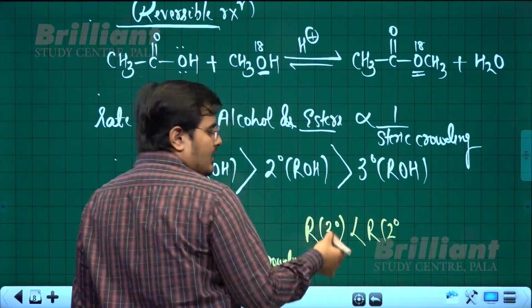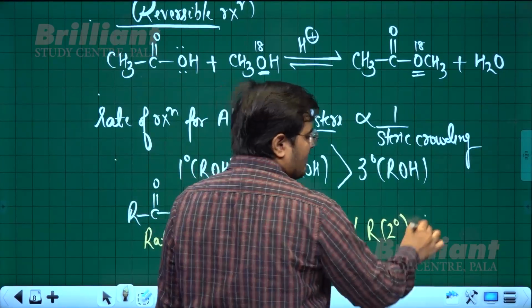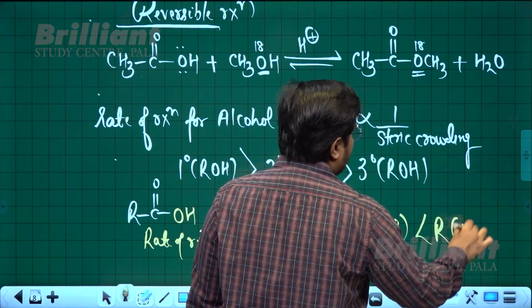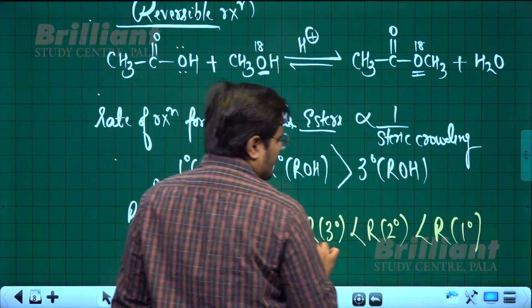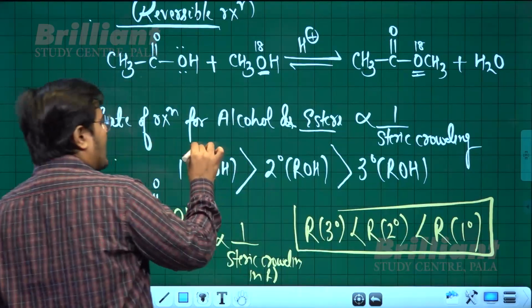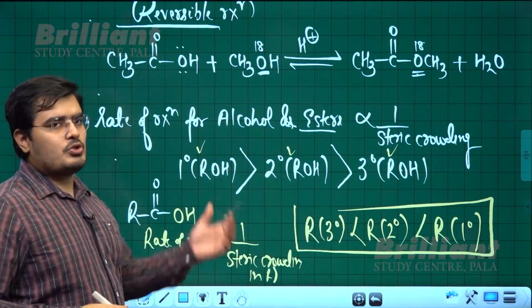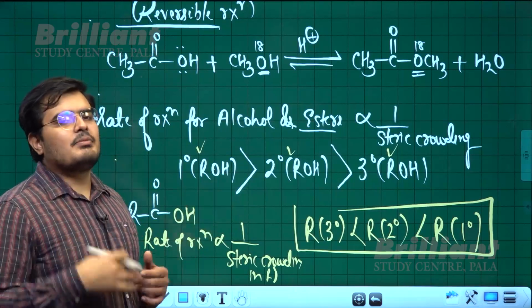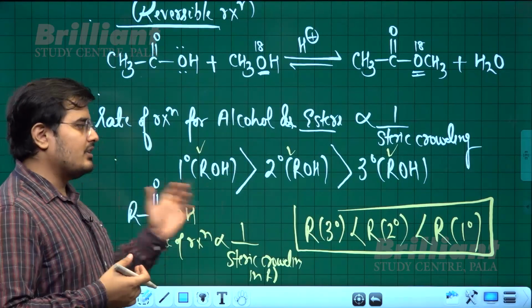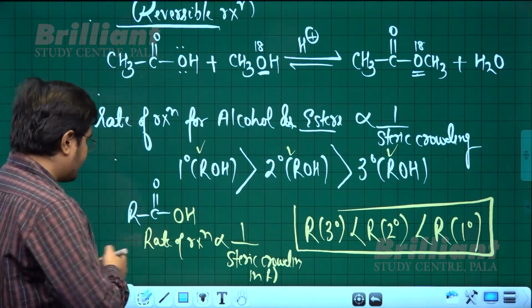If you replace tertiary with a secondary, the reaction will become faster, and if it is primary, it will be even faster. So you should have the R part in alcohol as well as in acid, both sterically less bulky for a faster reaction. So these are the orders of reaction.